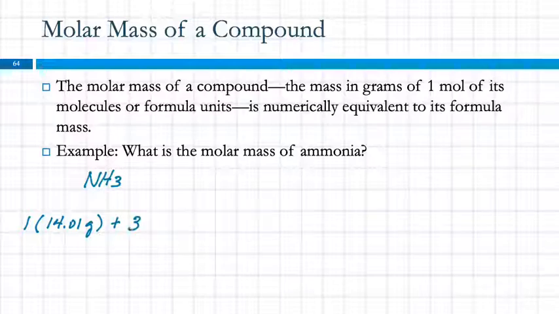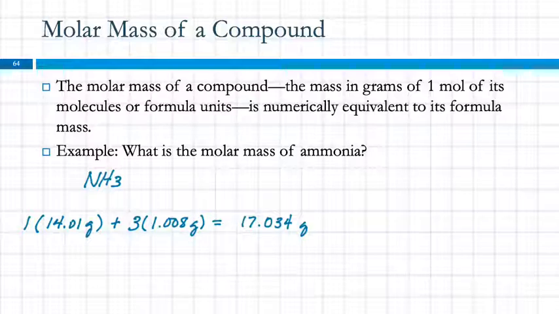And I've got 3 times the molar mass of hydrogen, 1.008 grams. So the calculator is going to say 17.034 grams.